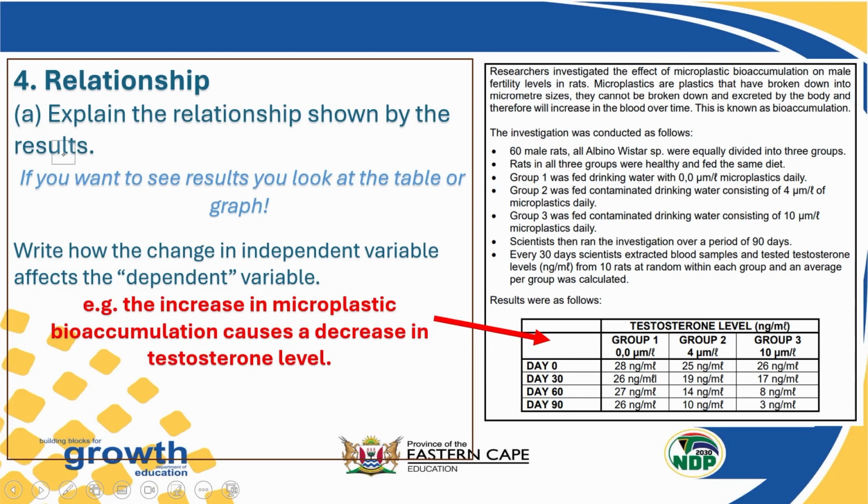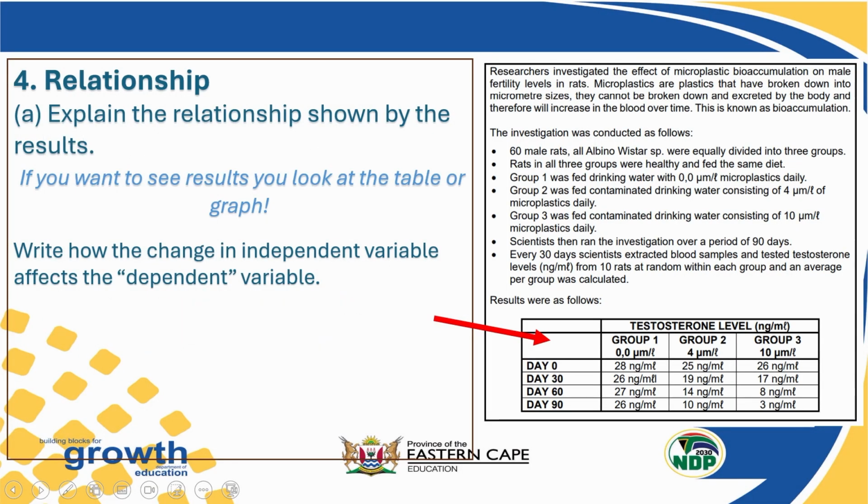Okay, you see that now I have used the dependent variable in my answer because my question asked me to compare independent and dependent. Let's look at the previous slide, how different that was. In this question, it asked me to show the relationship in the results.